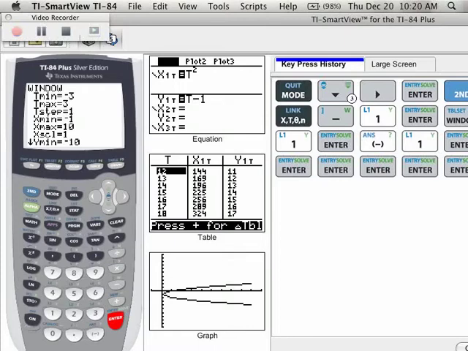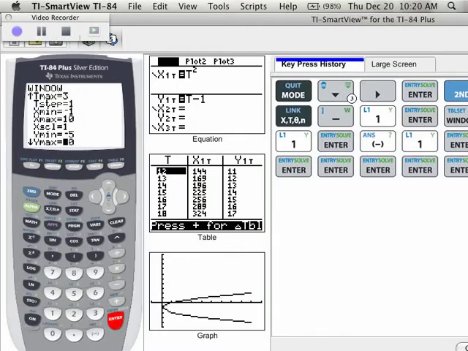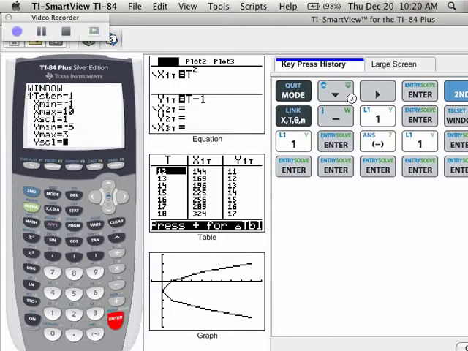What's the minimum y value? Negative 4. Thank you. So I'm going to go with negative 5. And the maximum was 2, so I'm going to go with 3. And then I'm going to graph it. And you can see the parabola that we just graphed in our notes on your calculator.